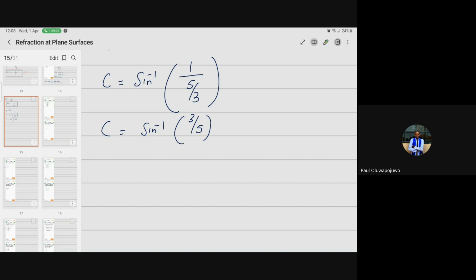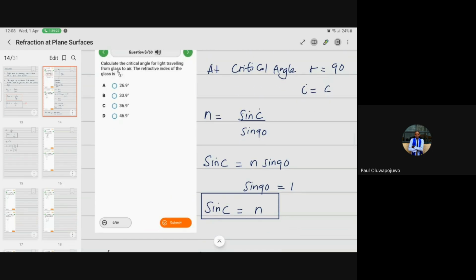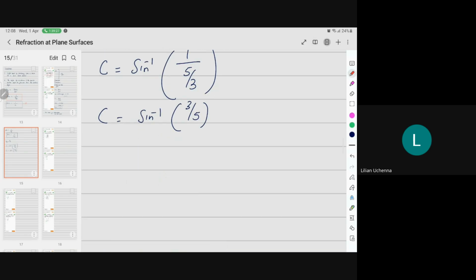What's the value now? Doesn't mean that nobody has a calculator or what? So it's in the chat. That is 36.9. My eyes will no longer always be on the chat now. 36 point what? 9. 36.9. So that's C equal to 36.9 degrees.